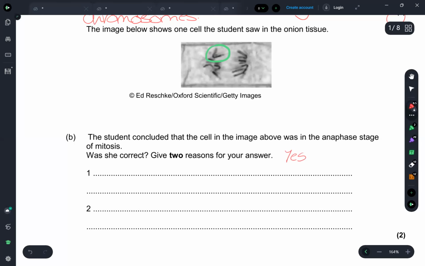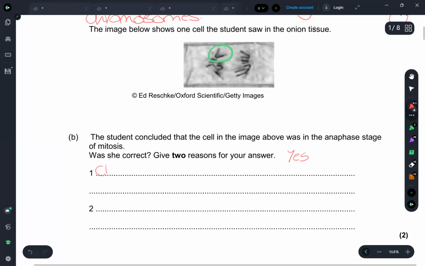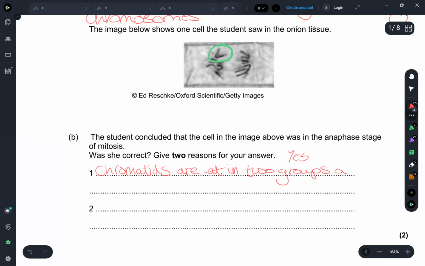Our chromatids, in this situation I'm going to talk about them as chromatids, are in 2 groups at opposite poles of the spindle. So that will get you 1 mark.